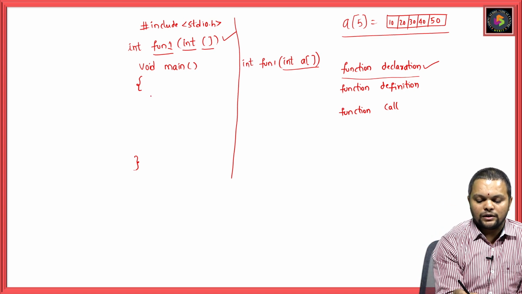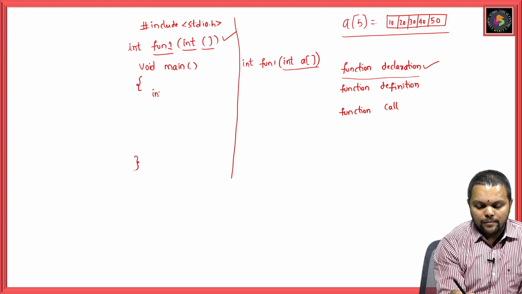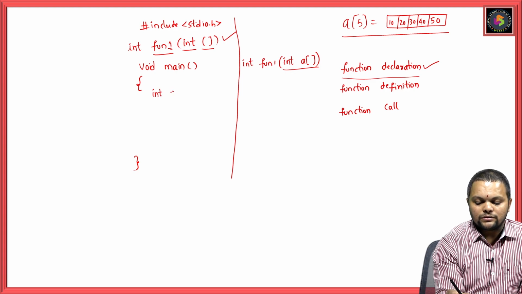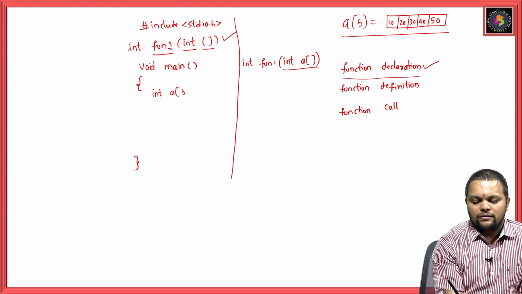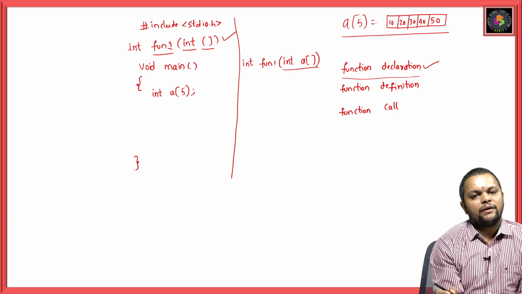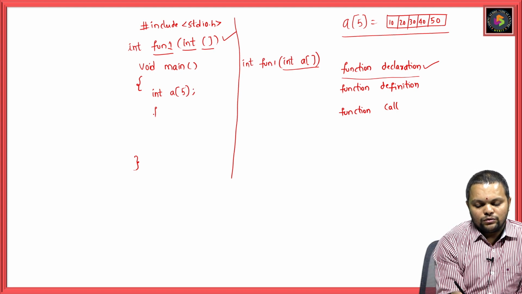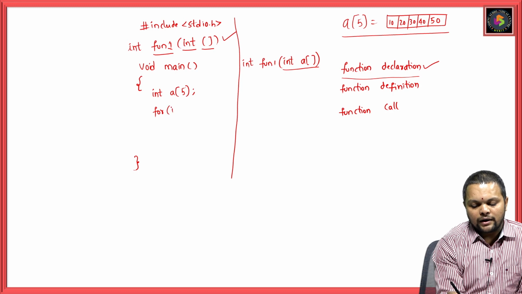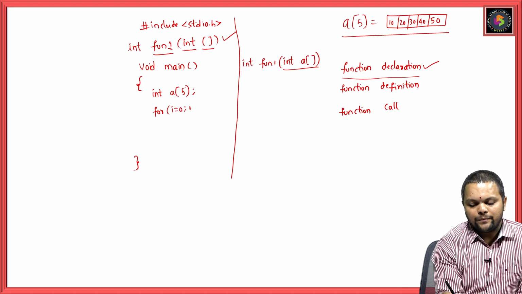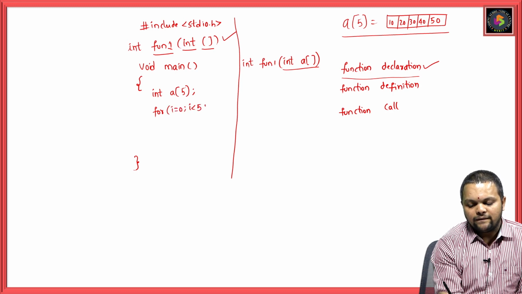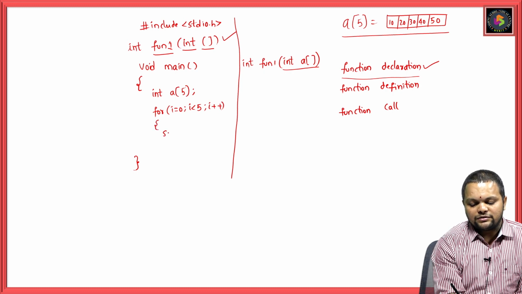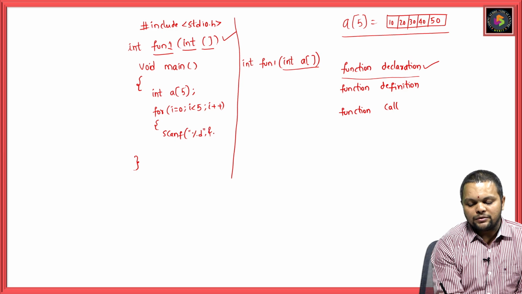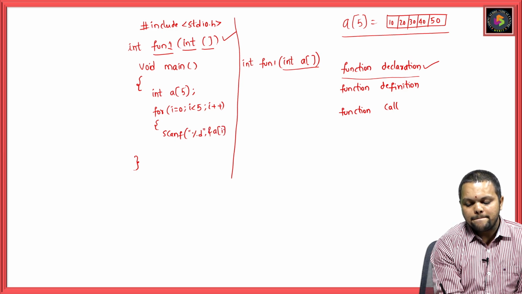I will write this particular code here. I will give int A[5], a maximum of 5 elements. I will take values into the array: for i = 0; i < 5; i++, with a scanf statement, scanf("%d", &A[i]).